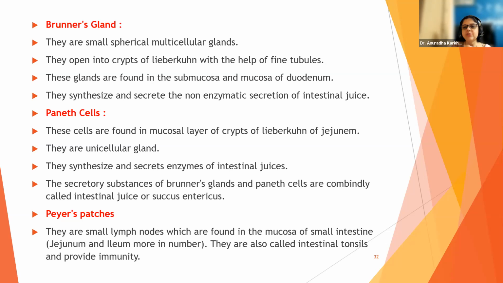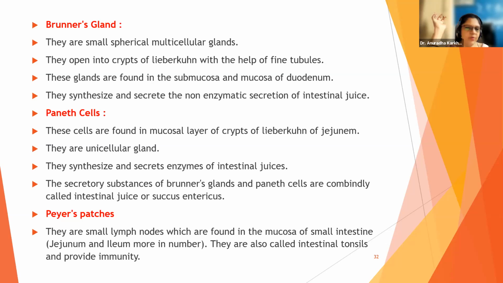Mixed together to form the intestinal juice, or succus entericus. Please remember this word, succus entericus. It will come up again and again later. To understand the mechanism of digestion, you should first know what is being produced for digesting. Clear? All of you? No confusions?